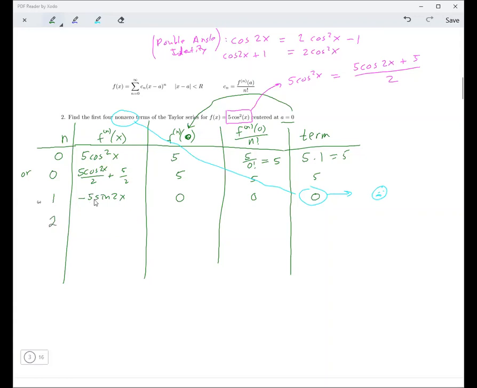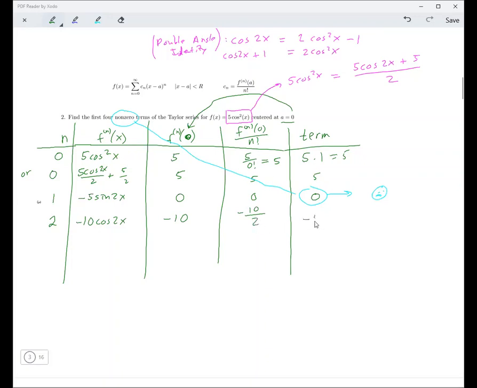Okay, so let's do the next derivative. Take the derivative of this, and the derivative of sine is cosine, and a 2 comes out, so that's negative 10 cosine 2x. And when you put a 0 in, you're going to get negative 10, because cosine of 0 is 1. And then you're dividing by 2 factorial, which is 2.